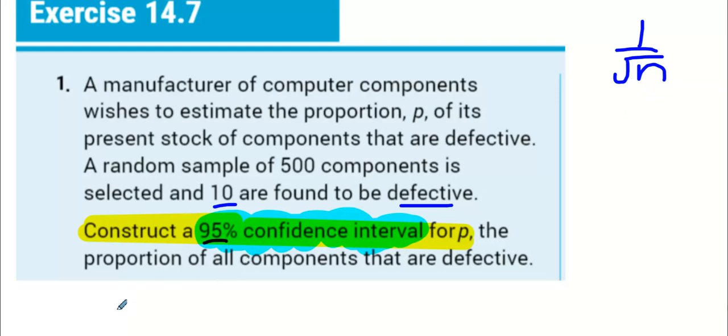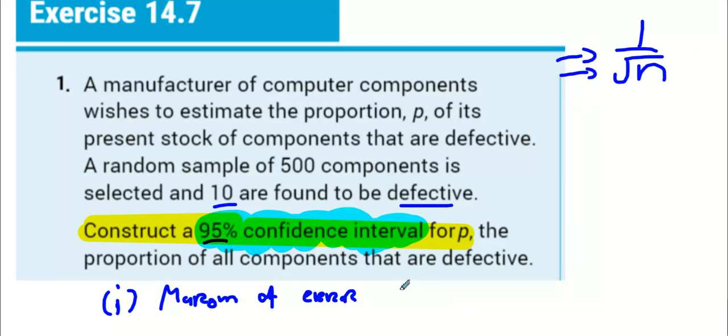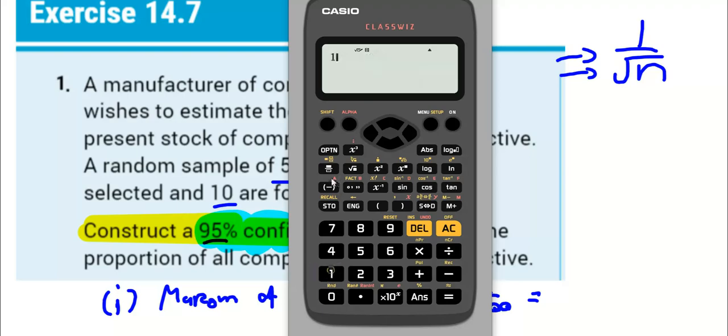So let's start off with part 1, margin of error. What's the formula for the margin of error again? It's up here. So 1 over the square root of n, which is 1 over the square root of what, for this question? Throw it into the calculator and you get 0.045.